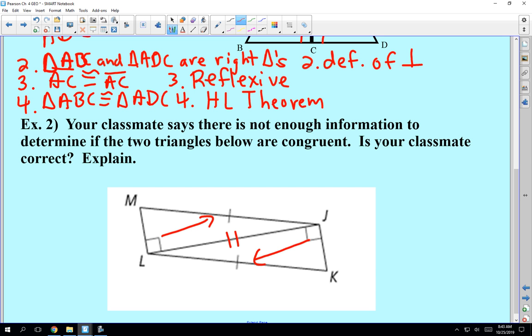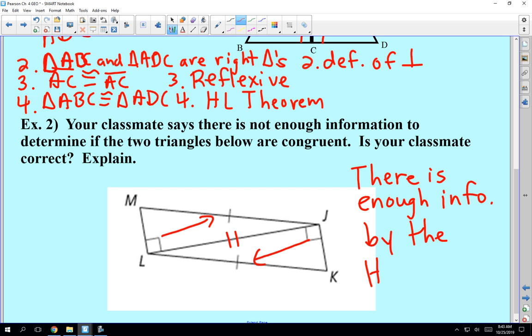As long as it's a hypotenuse that's marked as congruent. If it were just a couple of the legs that were marked as congruent, then it wouldn't work. But since the hypotenuse is marked as congruent, they are congruent. So there is enough information by the HL theorem.